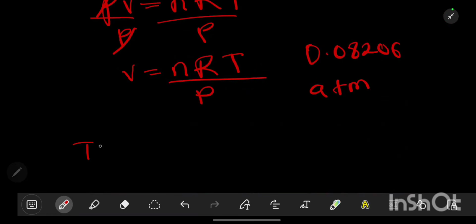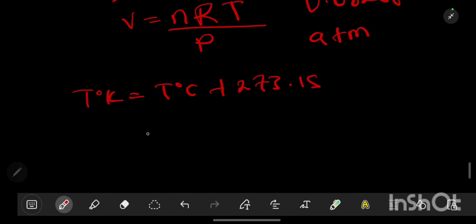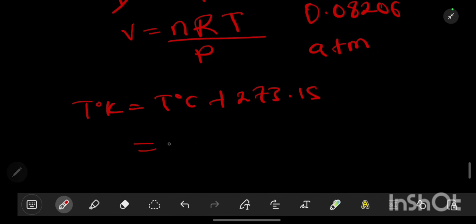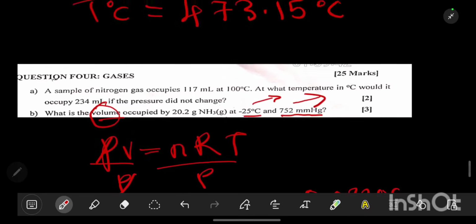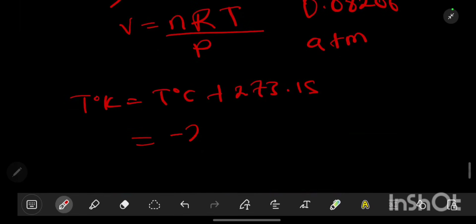So the temperature in degrees Celsius plus 273.15 should be equal to the temperature in kelvins. So let's just convert directly. We have -25 degrees Celsius, plus our 273.15.